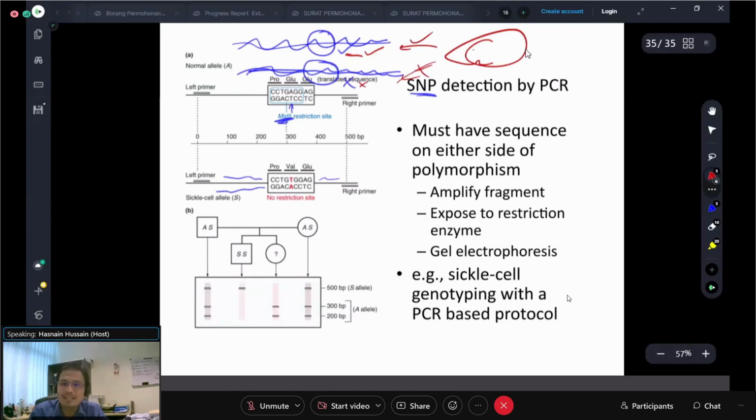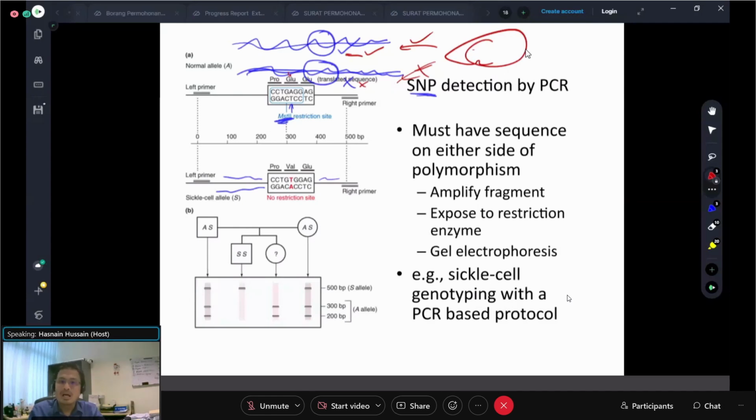So when that happens, this can be cut, right? The DNA can be cut. Whereas this one cannot be cut by the MST2 enzyme because the recognition sequence of this MST2 enzyme is CCTGAGG, but this one is CCTGTGG, so it cannot be cut.